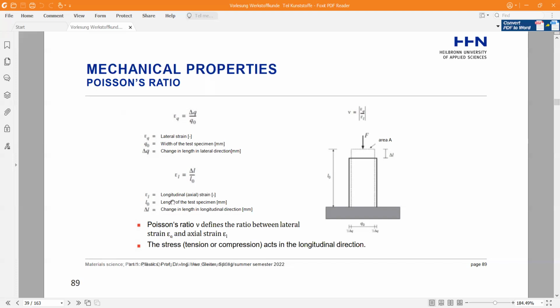And longitudinal axial strain is equal to the change in length in longitudinal direction divided by length of the test specimen.